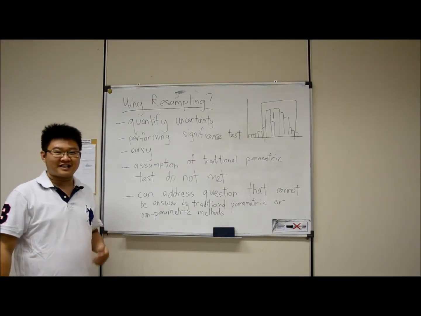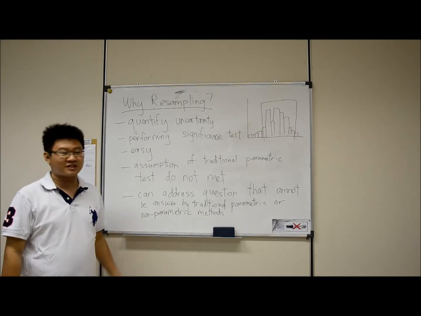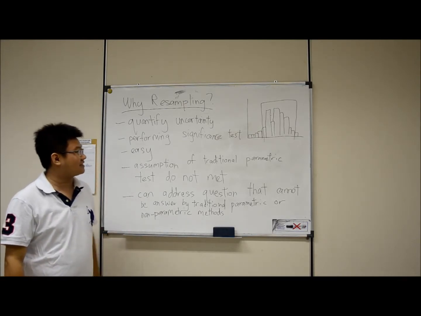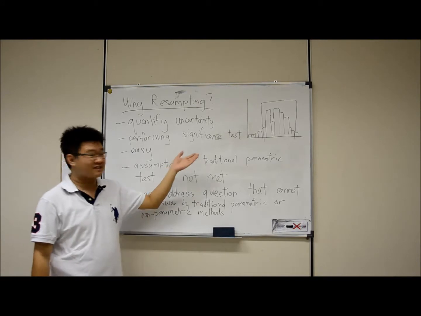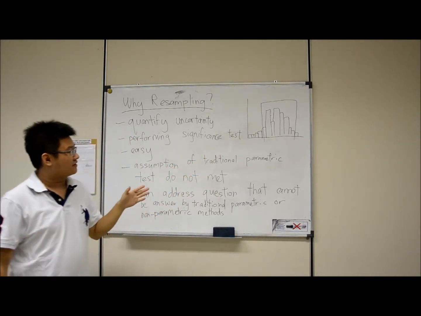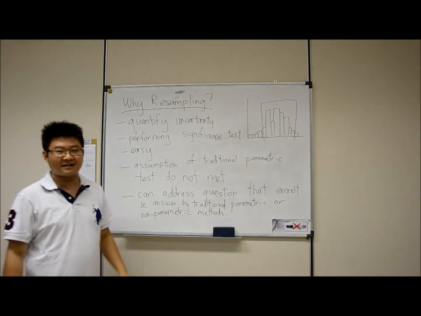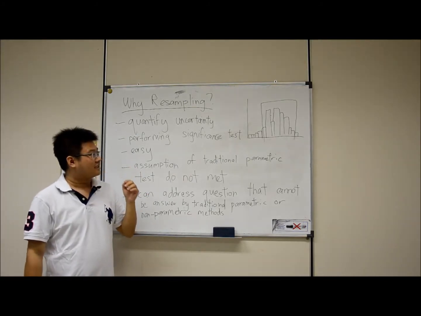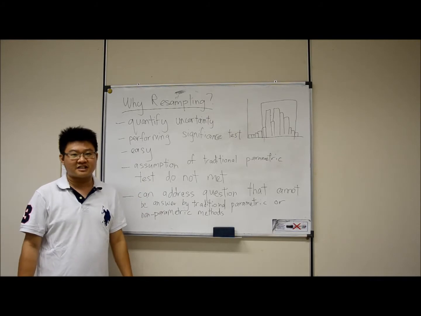So now I will discuss why resampling. First, we can quantify the uncertainty. As we can see in the histogram, we can quantify the uncertainty by calculating the standard error and confidence interval.